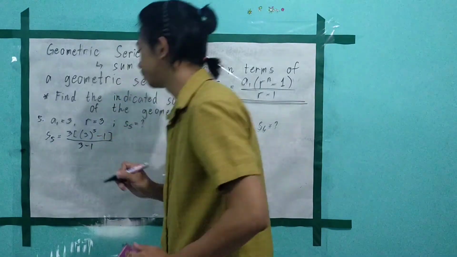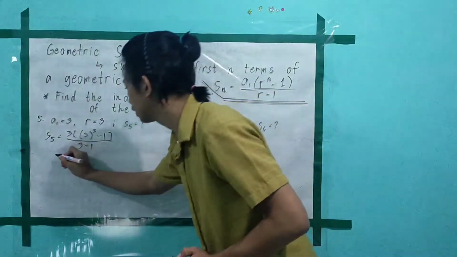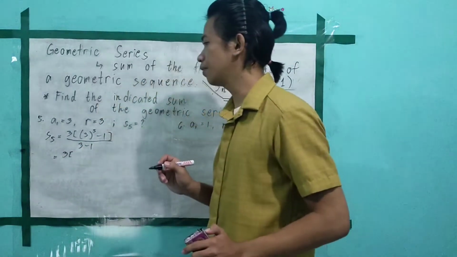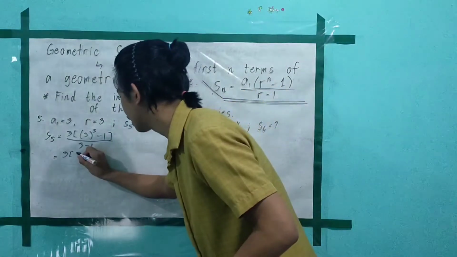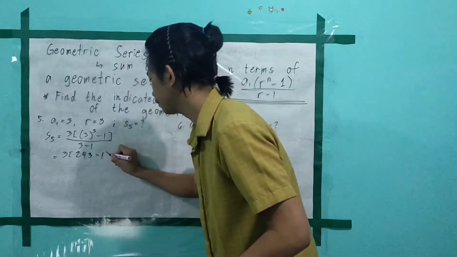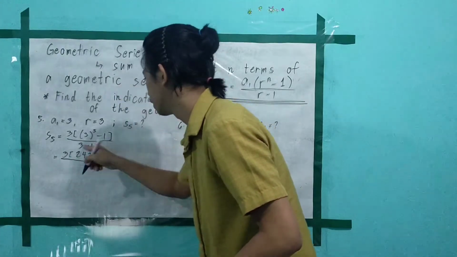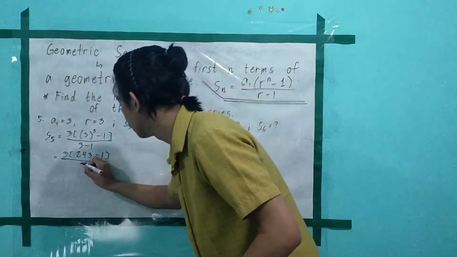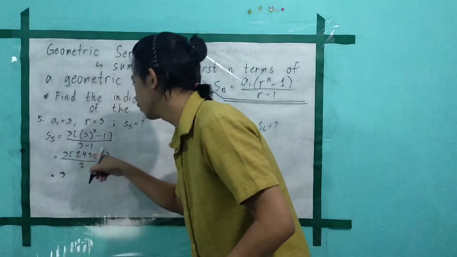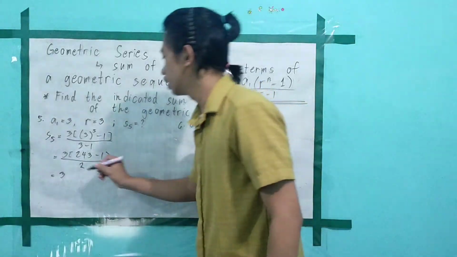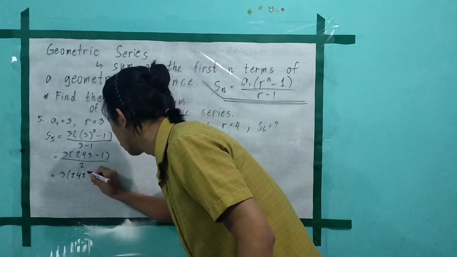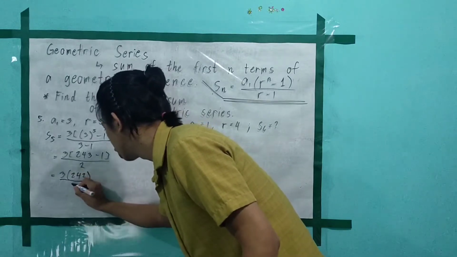minus 1. Okay, then let's simplify it. So we have 3 multiplied by 3 raised to 5, which is 243, minus 1, all over 3 minus 1, which is 2. That is equal to 3 multiplied by 242 all over 2.